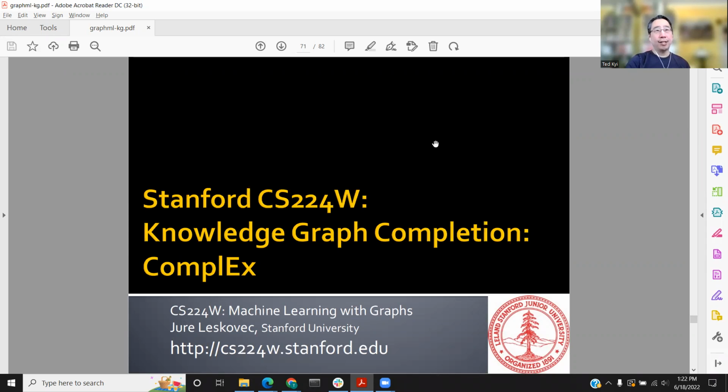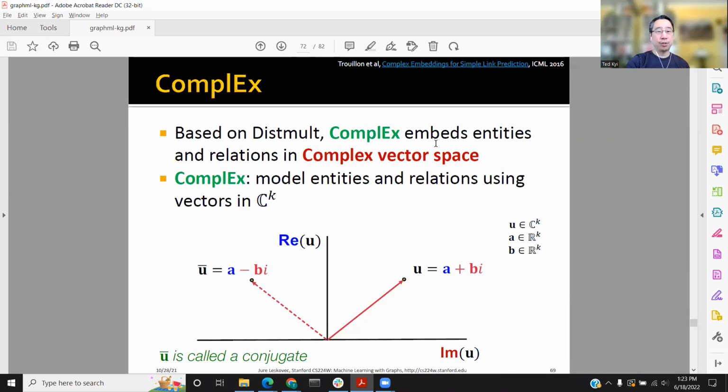All right, so the last one is called ComplEx, and this is a relatively small tweak to the last one that we saw. All we're doing is taking DistMult, and instead of using real-valued embeddings, we're using complex numbers. The slight tweak is in the dot product.